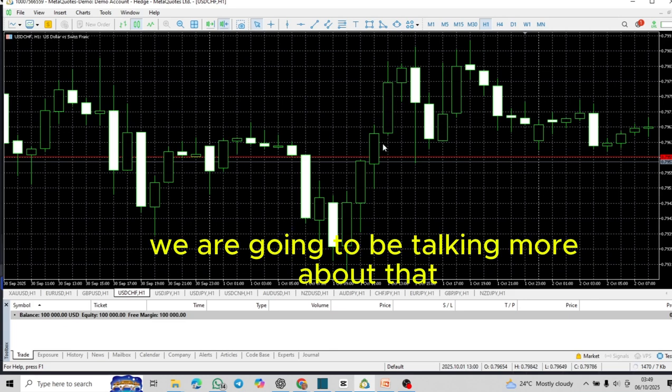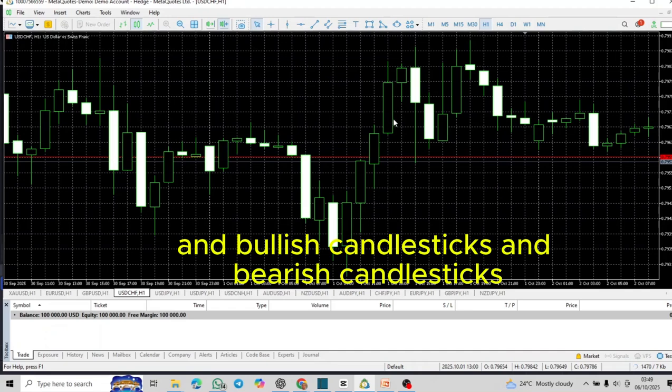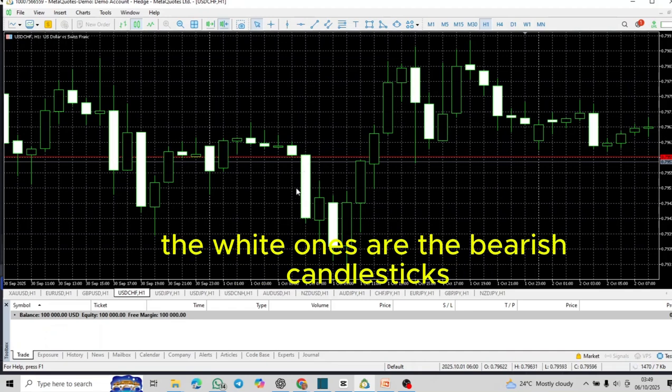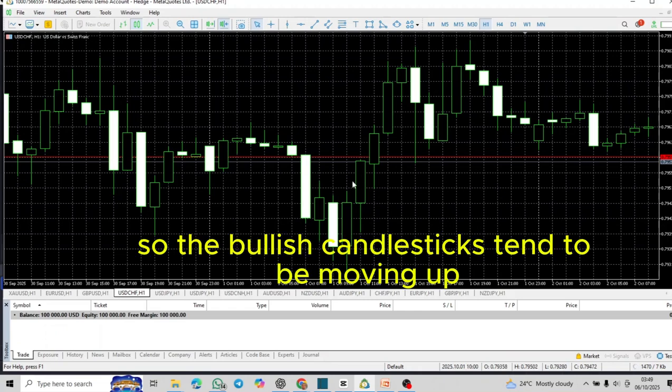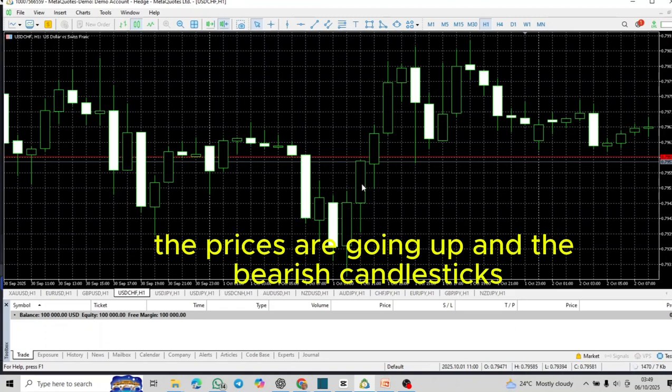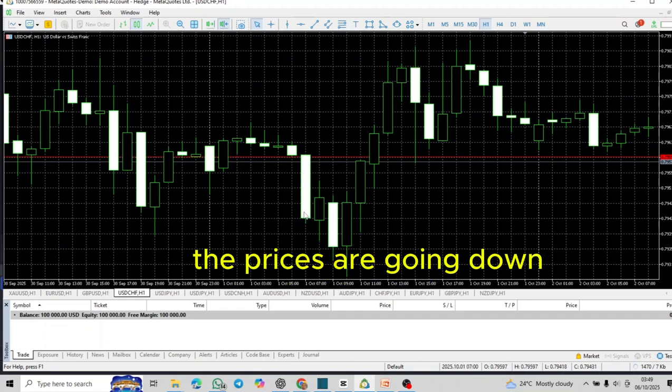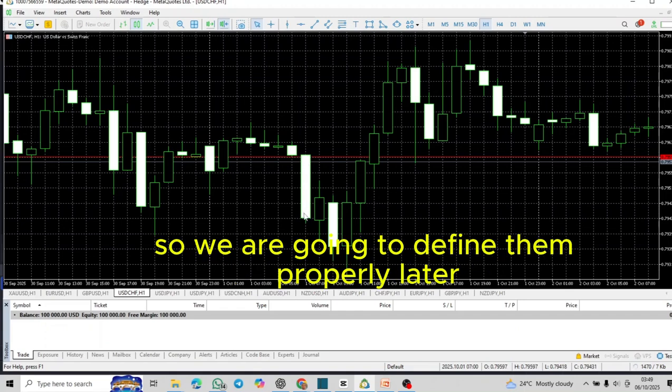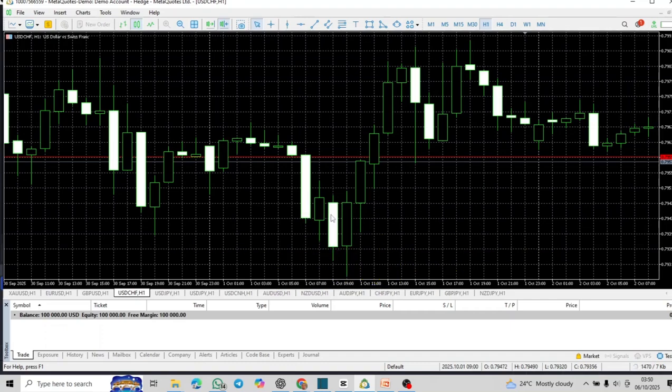We are going to be talking more about that, bullish candlesticks and bearish candlesticks. The white ones are the bearish candlesticks. The bullish candlesticks tend to be moving up, the prices are going up, and with the bearish candlesticks, the prices are going down. We are going to define them properly later.